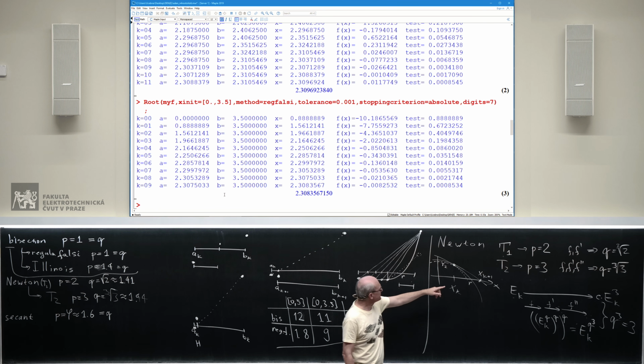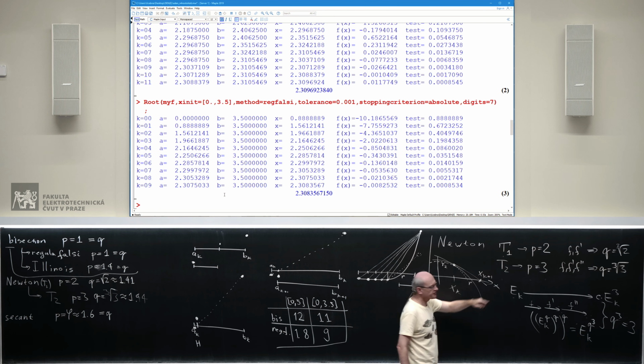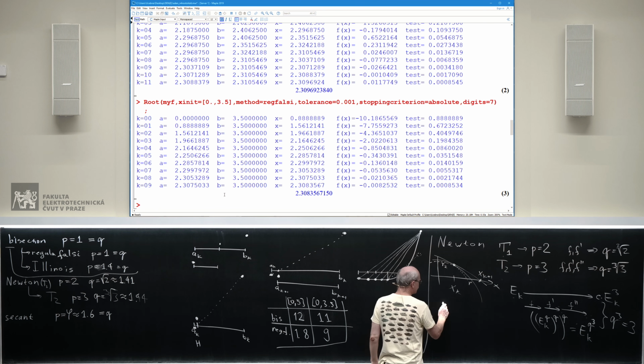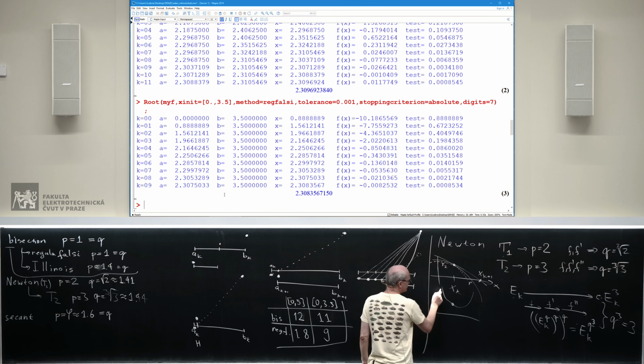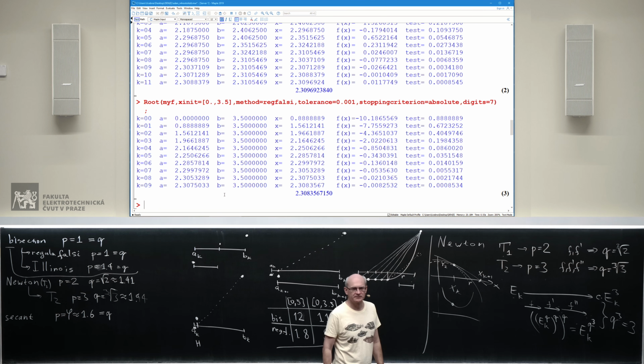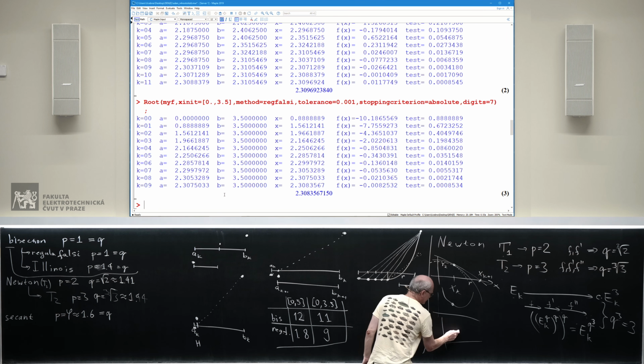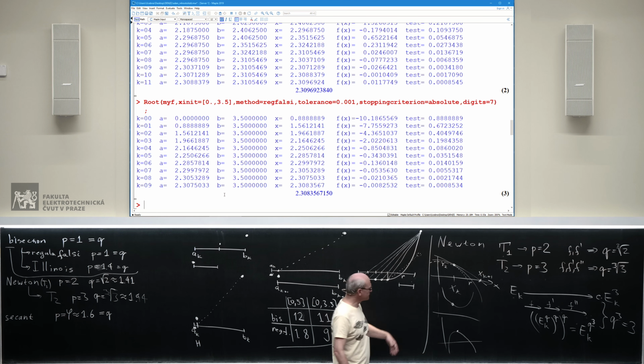But now imagine that you are working with quadratic polynomial. So we are sitting here. You figure out the quadratic polynomial, and it may easily look like that. And you have no intersection. Or it may look like that, and you have 2 intersections. Which one are you going to choose?